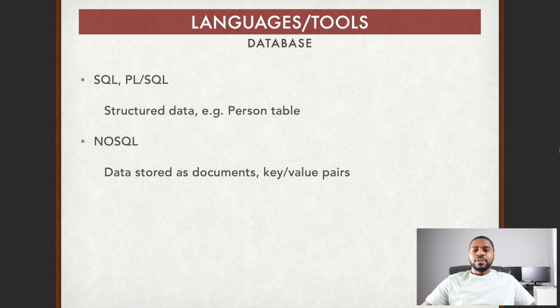For NoSQL databases, you typically store your data as key value pairs or documents. And in this case, the data is not very structured. So if you already have a person object that's stored in your NoSQL database, you might store another person with additional attributes that the previous people in the database did not have.